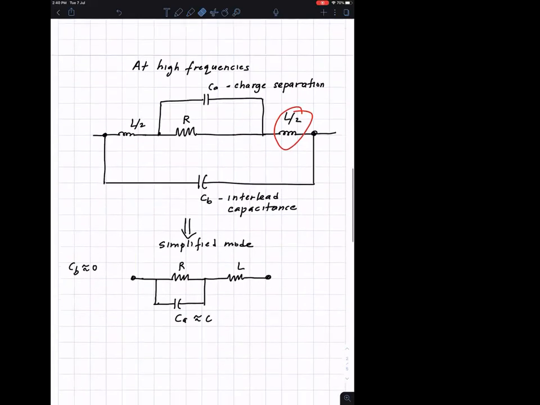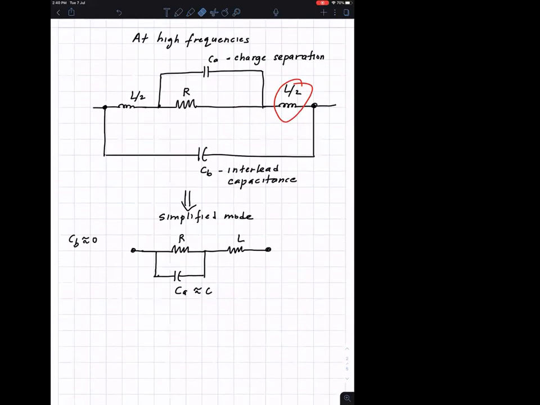Yeah, because there's an L over 2 here, and there's also another L over 2 here, I can combine this into L. Okay, sir.